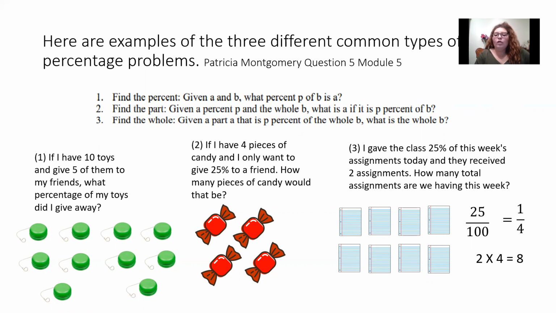So 25 over 100 is going to be 1/4, just like we were just doing with this candy. And so 1/4 is the fraction I'm going with. But now I only know that we have 2 assignments, and I'm trying to figure out what the whole number here is. So I would take that 2 and multiply it by 4 to get 8. So we have 8 assignments this week.